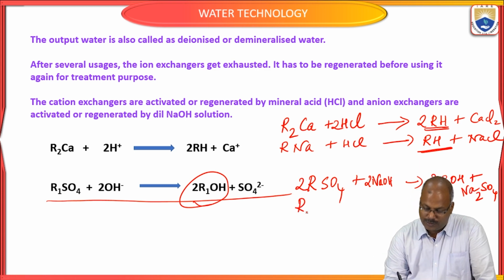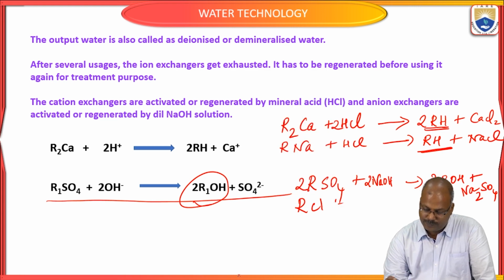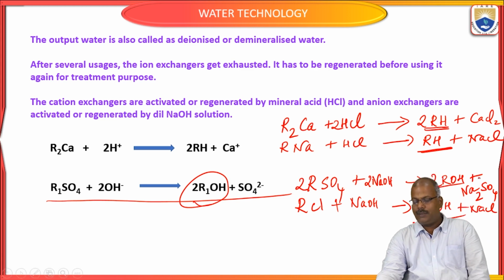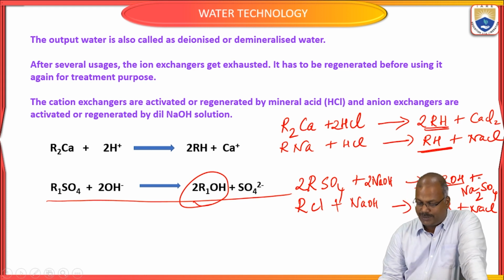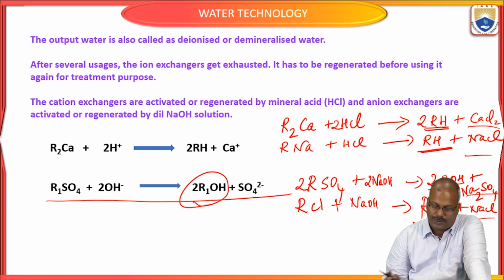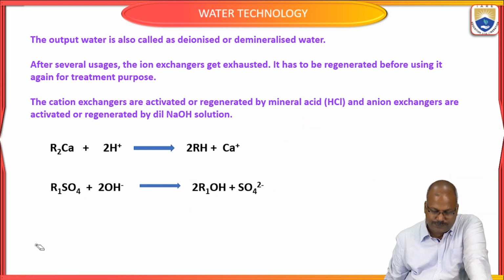Similarly, RCl plus NaOH gives ROH plus NaCl. So this is nothing but your anion exchange bed. The sodium sulfate and sodium chloride all go out with the washings and are eliminated. So this is how the ion exchange process functions.